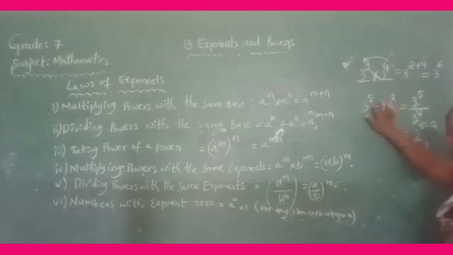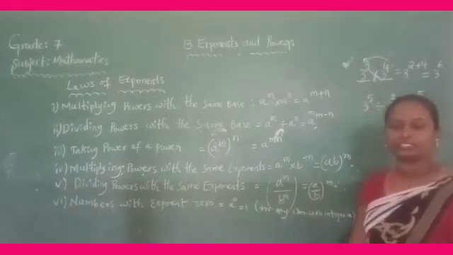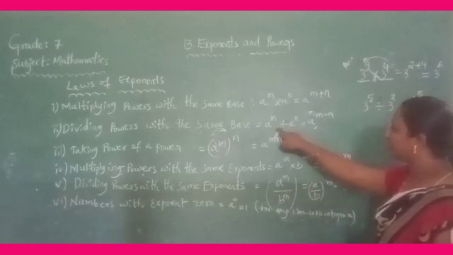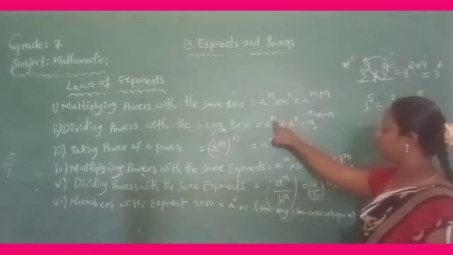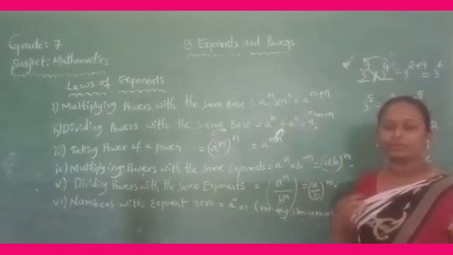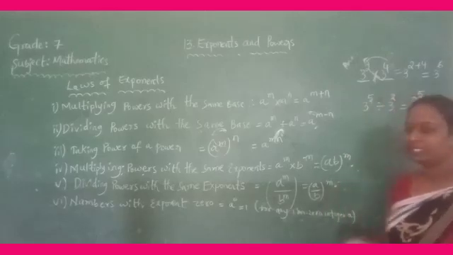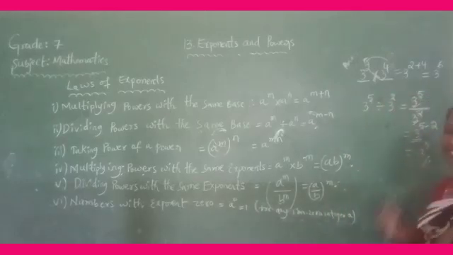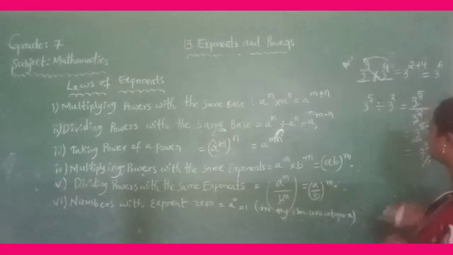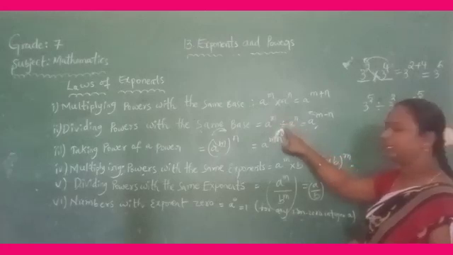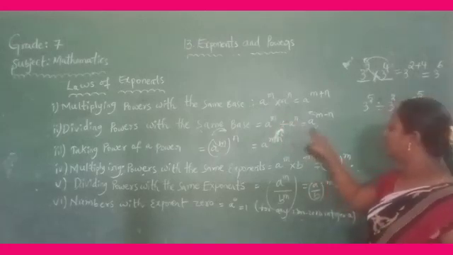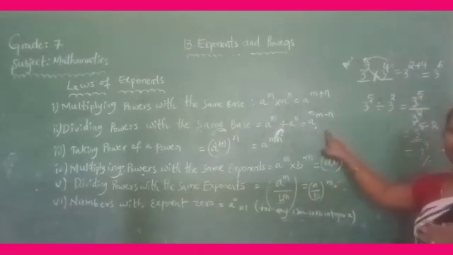And what you have to do? You have to subtract the powers, that is m and n. The powers are different, bases are the same. Then in the division, you have to subtract the powers. That is a to the power of m divided by a to the power of n is equal to a to the power of m minus n.